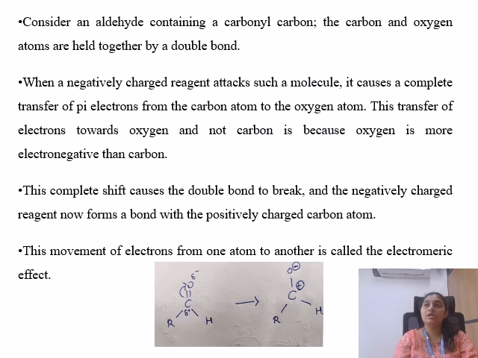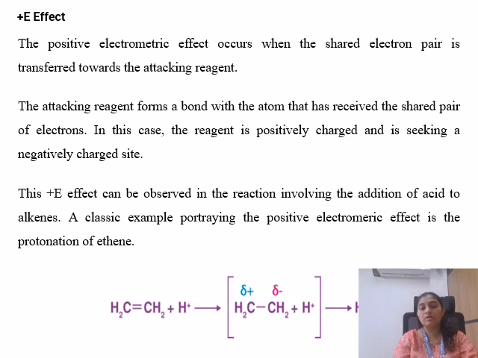Now again we can classify the electromeric effect into E1 and E2, or you can say the E plus as well as the E minus effect. The positive electromeric effect occurs when the shared electron pair is transferred towards the attacking reagent. As we had discussed, the reactant will be there, the reagent will be there, and in between the reactant and reagent it will produce the product.